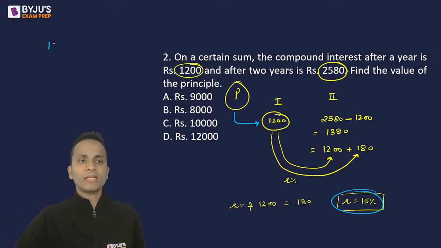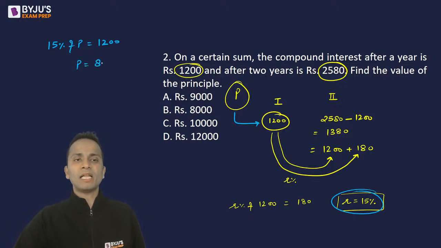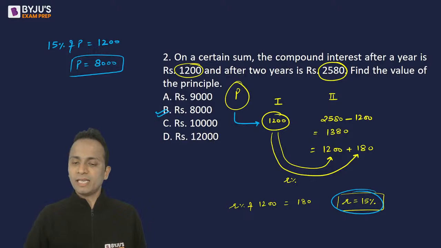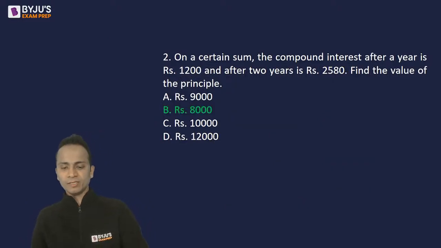So I can now write 15 percentage of principal is equal to the interest of the first year, that is 1200. Upon solving, you will get the principal as 8000. So the correct answer will be option B for this question. The principal is 8000.